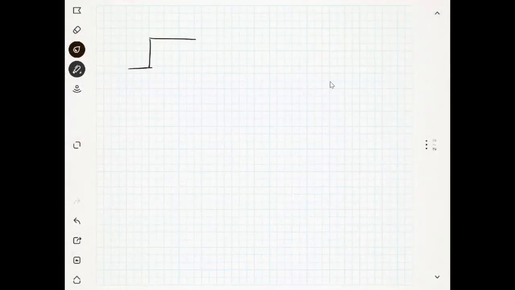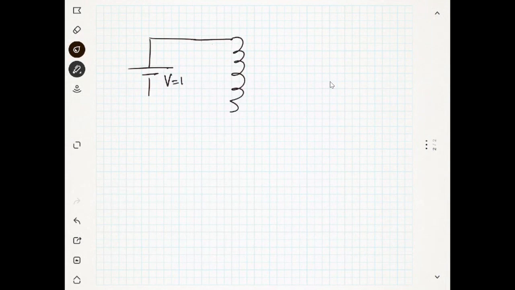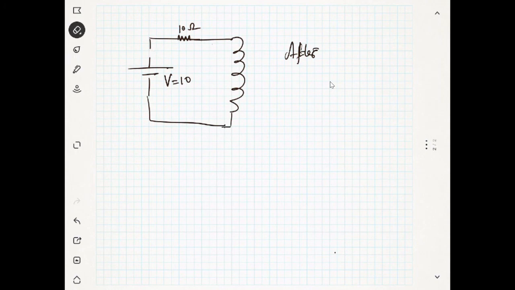So if you have a DC voltage source like this, maybe 10 volt, and if you have a resistance here to control the current, otherwise your inductor coil will heat and it will damage. Let's say this is 10 ohm. Then after a long time, I am not talking about when the switch is closed. Suppose you have a switch here, you close it at time t equal to 0.